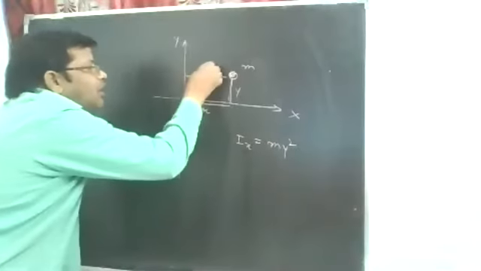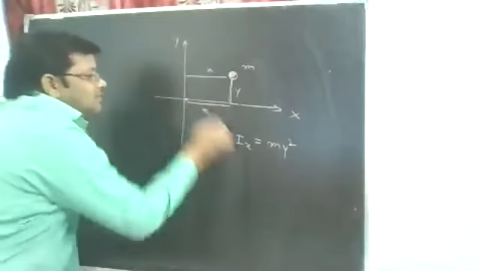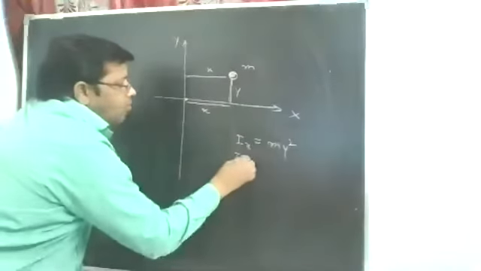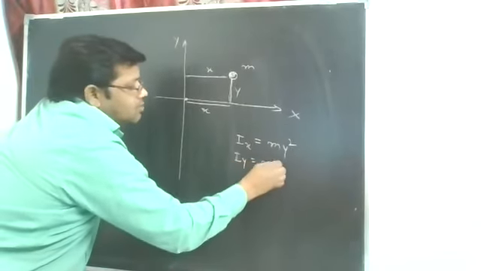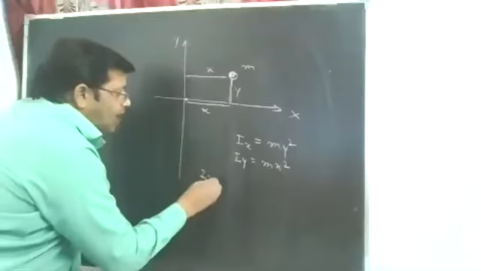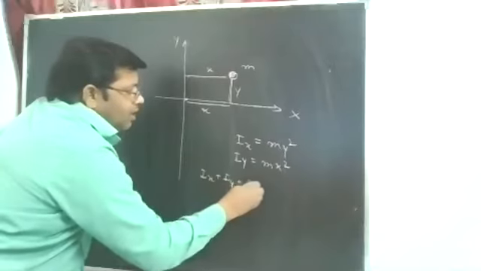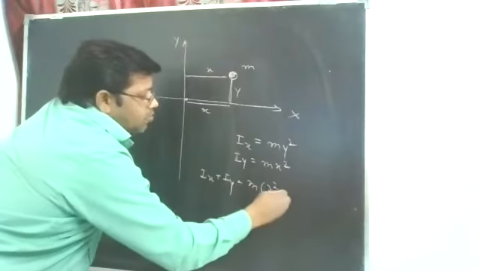This is the x coordinate. If the body rotates around the y-axis, then its moment of inertia about the y-axis will be m x square. If you sum these two, Ix plus Iy, it will be m into x square plus y square.